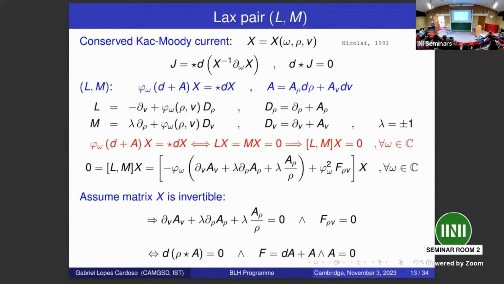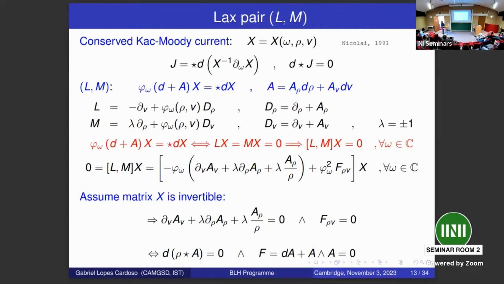Now let's assume that X, the solution to the linear system, is invertible. So you hit this with X inverse, you peel off the X, in which case the bracket has to vanish. But the bracket comes with different powers of that function phi. And so from here you conclude that the individual terms have to vanish. So this term has to vanish and that term has to vanish.